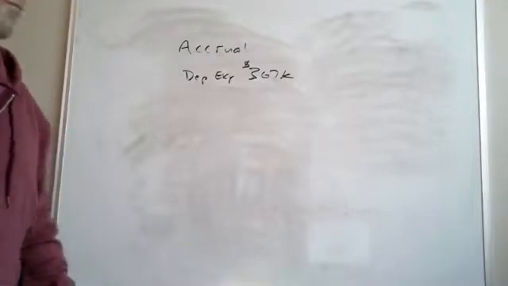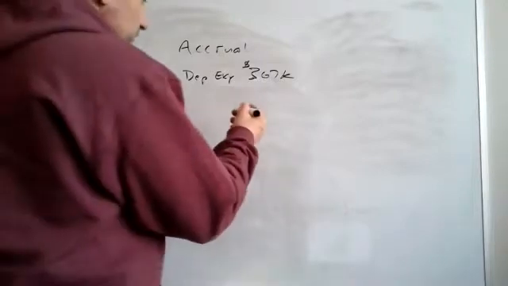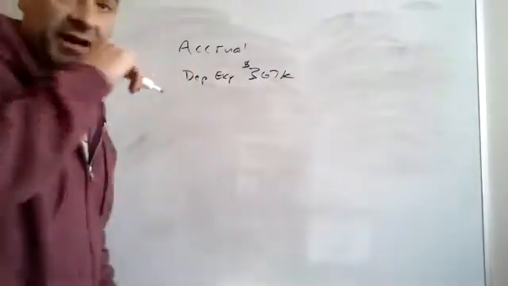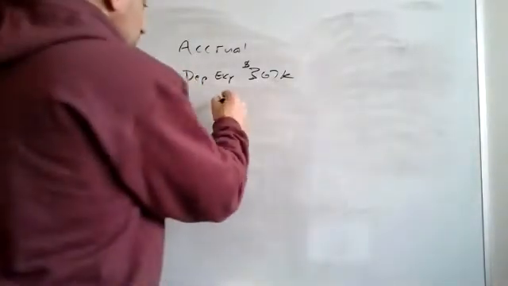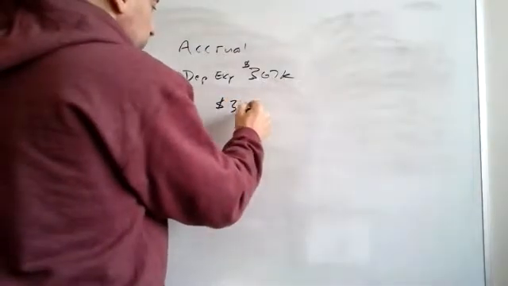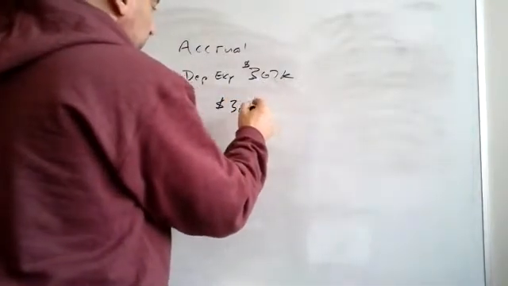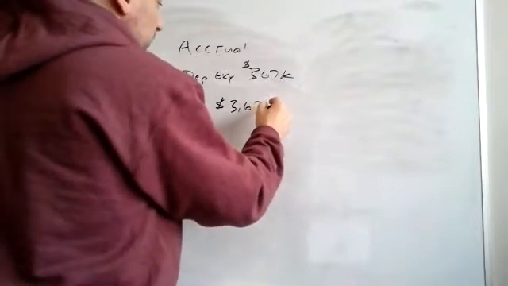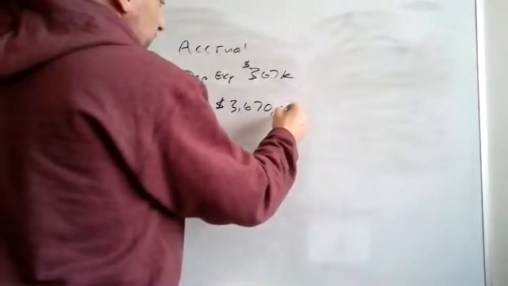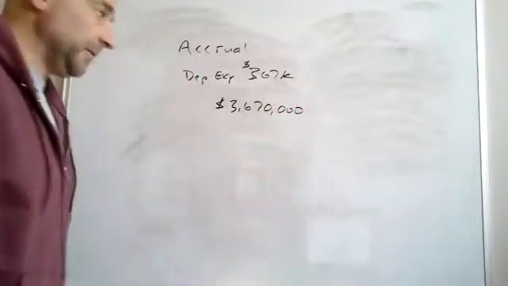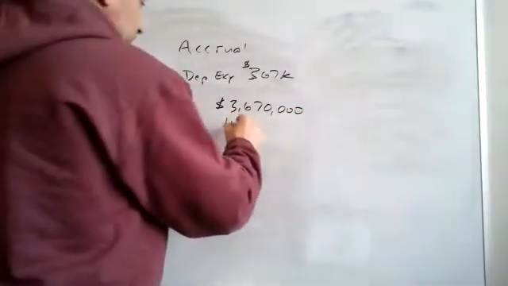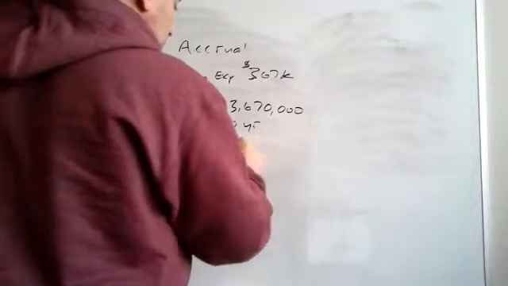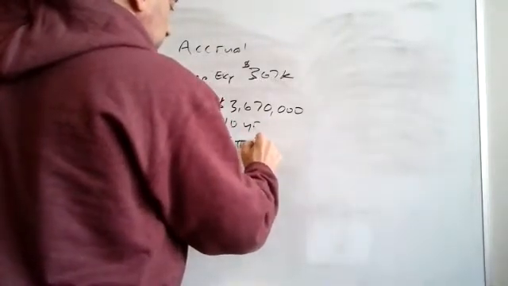I'll use a simple idea. Maybe some piece of equipment cost them $3,670,000, and let's say it has a 10-year life, and they're using straight line depreciation.